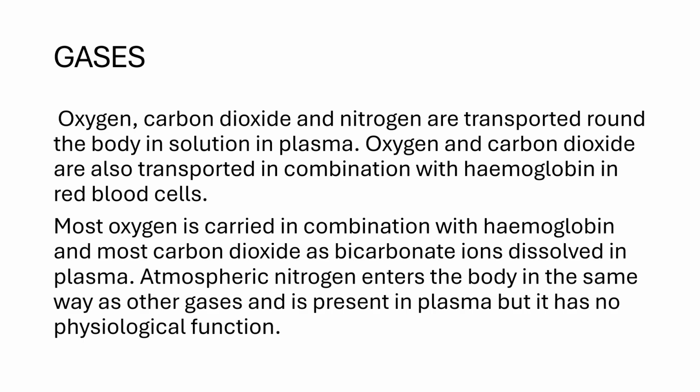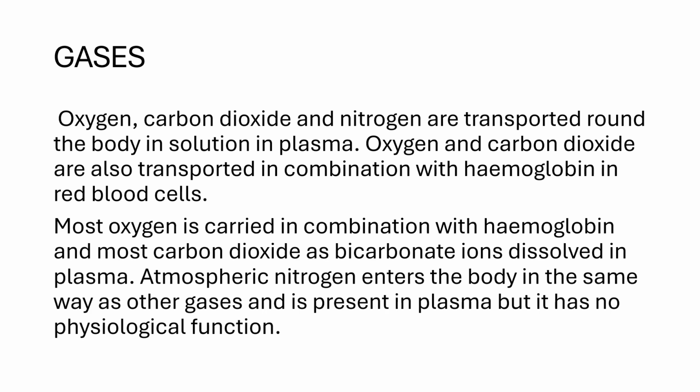Now, gases like oxygen, I've explained this earlier. Oxygen, carbon dioxide, and nitrogen are transported around the body in solution in plasma. Oxygen and carbon dioxide are also transported in combination with hemoglobin in red blood cells.